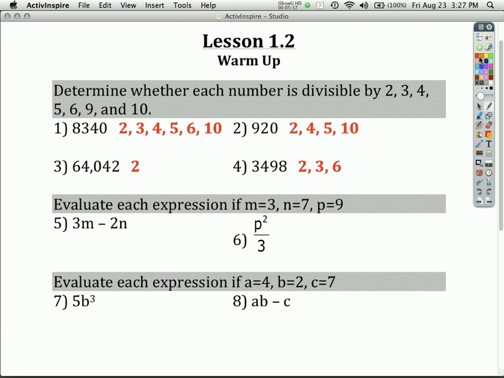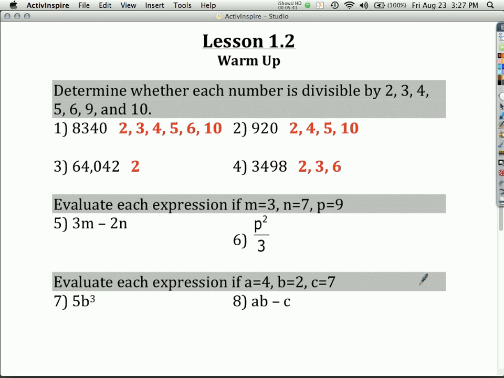Number 5. Now we start evaluating expressions like we studied last time. What do we get for number 5? We'll go with Jed Lee, Joali, and then Selena. Just say it a little louder, nobody can hear you.